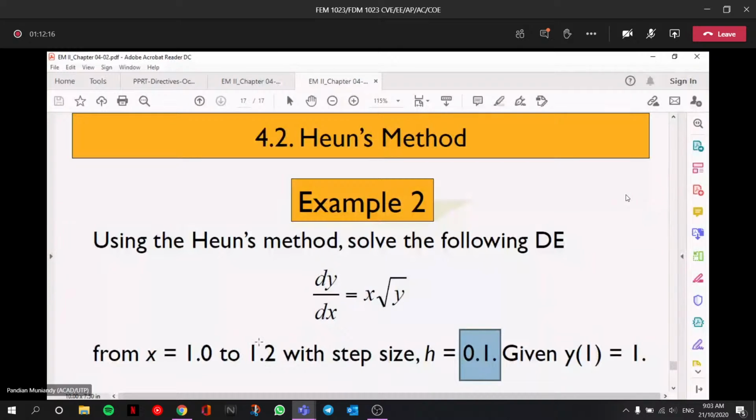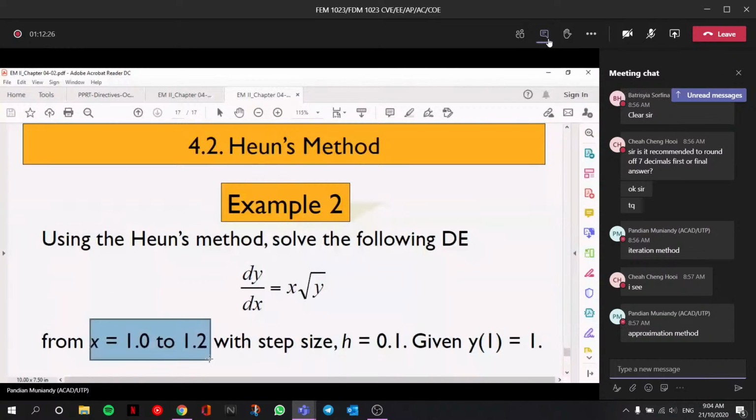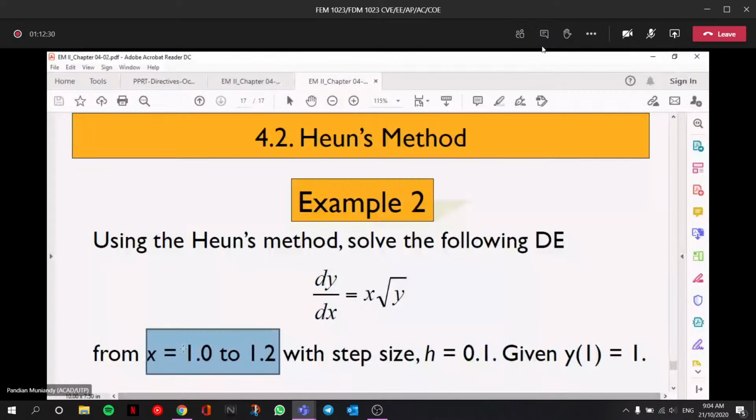So we already reached the end point. If you put 1.2 plus 0.1, then 1.3. 1.3, no need to find. But if you want, you can, but it's not necessary. Because this interval is very important: where to start, where to stop. If you don't fulfill the criteria, then you are wrong.